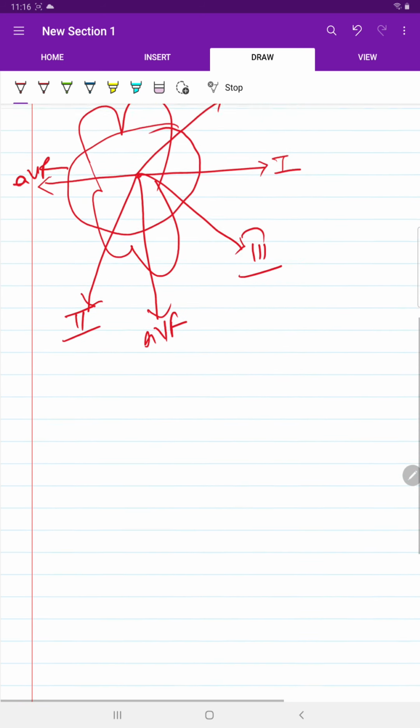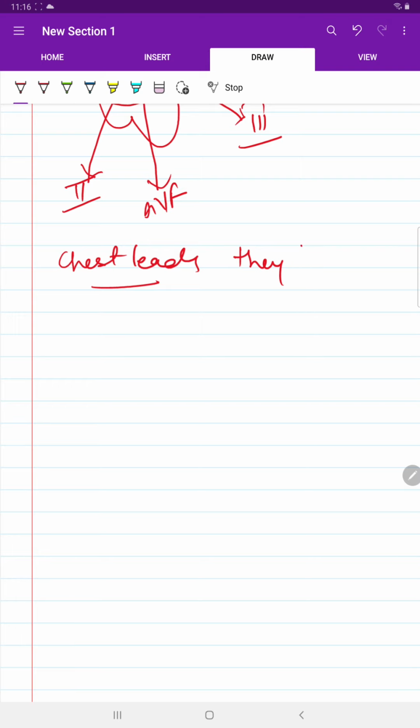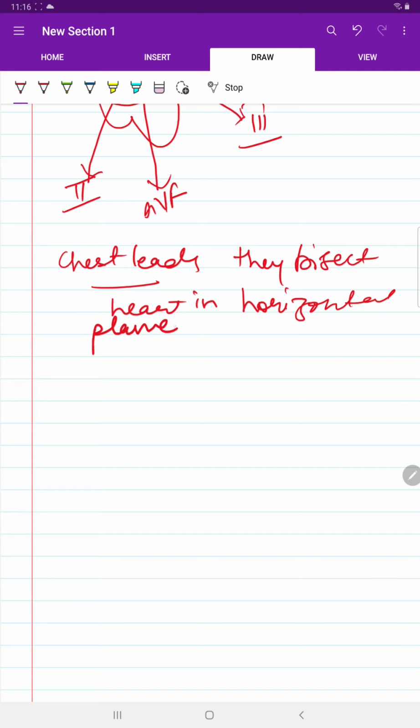Now, after having talked about limb leads, what do the chest leads do? They bisect the heart in the horizontal plane. In the horizontal plane, like that.